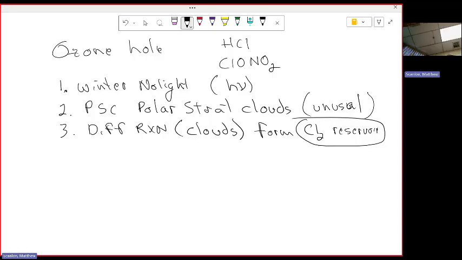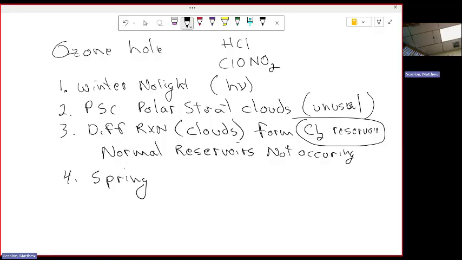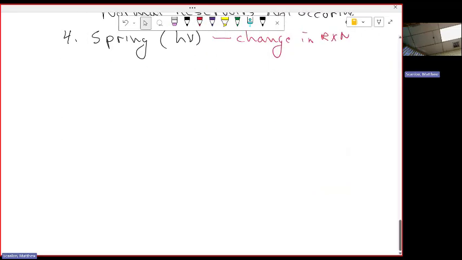And then we have springtime. In the springtime, we have light, and so we're going to have a massive change in reactions when the light hits. And that's it. So we'll go through some details on here.